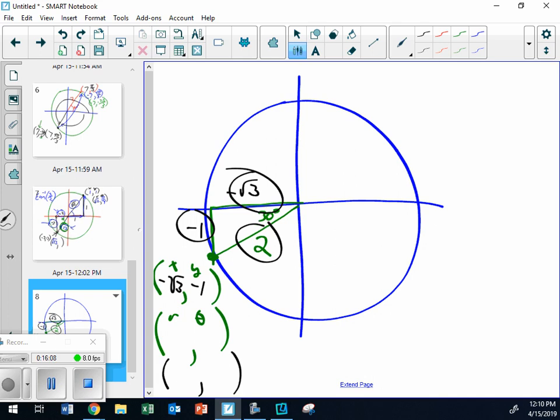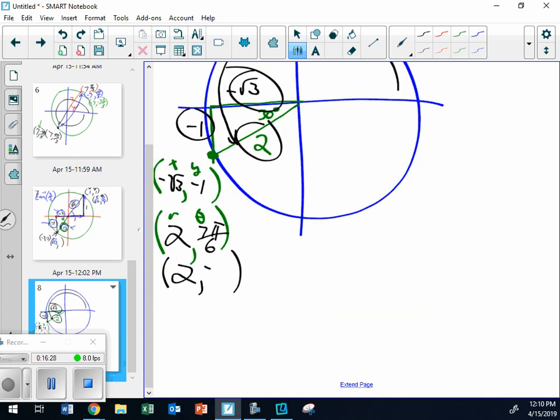For the R, R is 2, you're correct. All right, here's 6 pi over 6 plus a little bit more, 7 pi over 6. I like it. Is there other ways she could have written that? Yes. 2 comma negative. Everybody right now figure it out with a negative angle. And then the trickiest one, figure it out with a negative R and a negative angle.